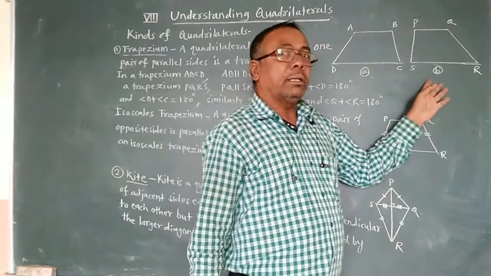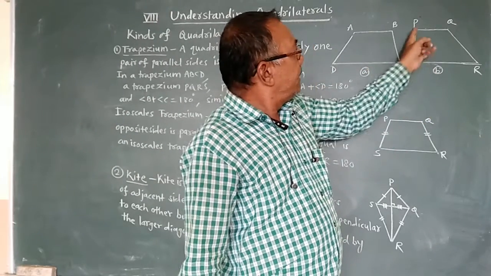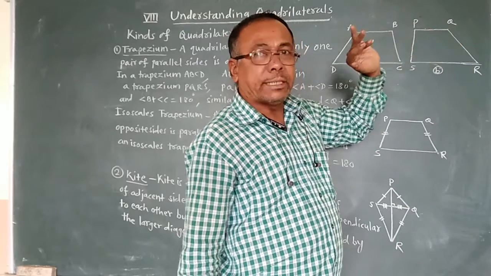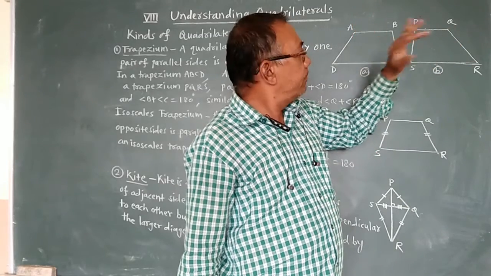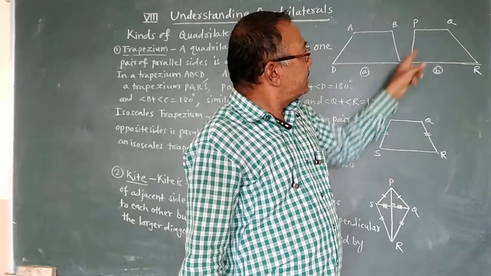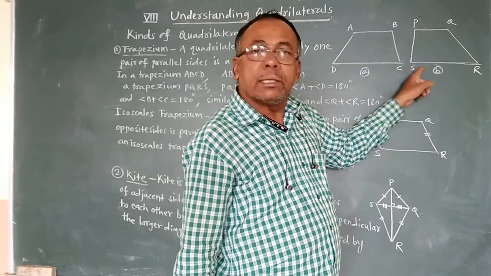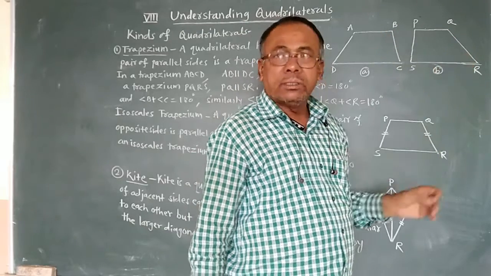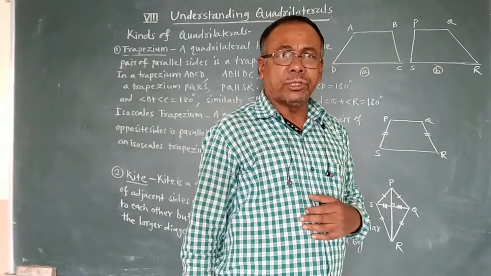In the second figure, PQ and SR are the two parallel sides, means one pair, PQ and SR, is parallel to each other, while PS and QR are not parallel to each other.